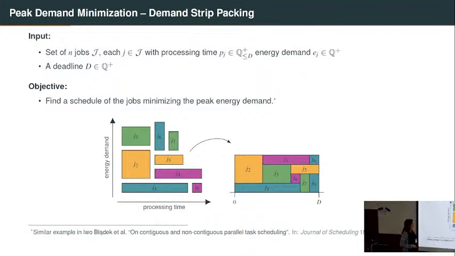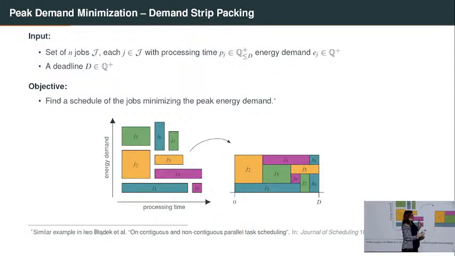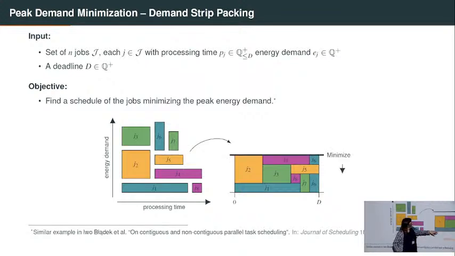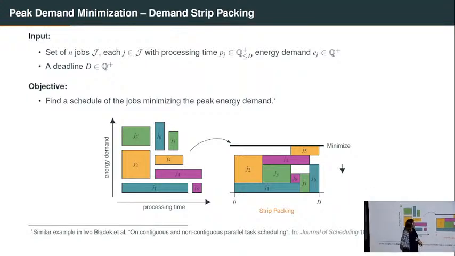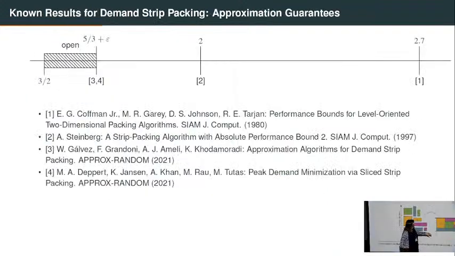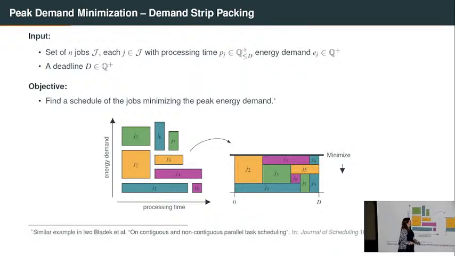And this has a lot of similarities to strip packing because we can interpret this time frame as the width of the strip, and we want to minimize the packing height. But for strip packing, we have to pack these items as rectangles, while here we are allowed to cut these items in some sense, because we're only interested in the sum of energy usages.